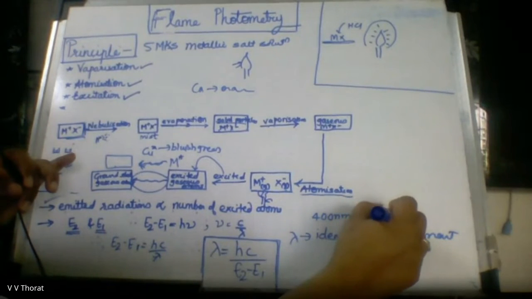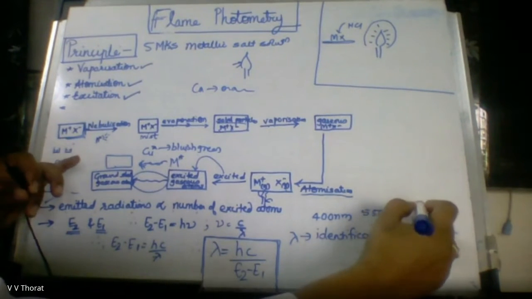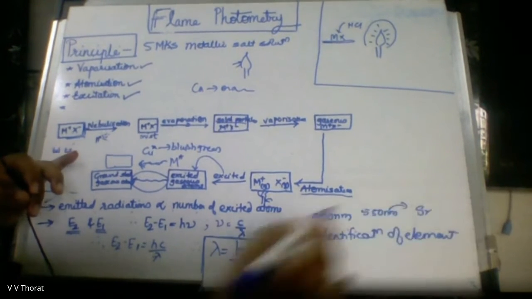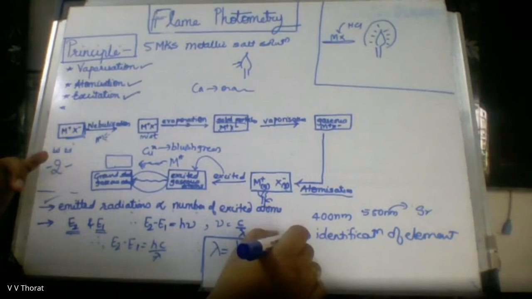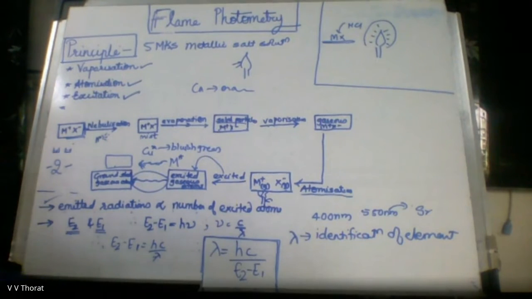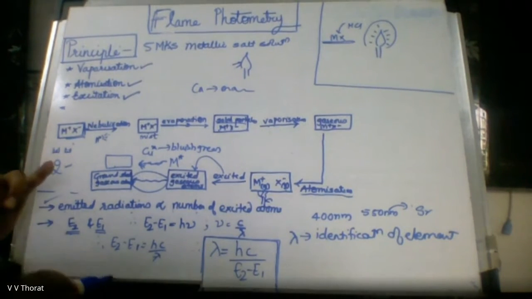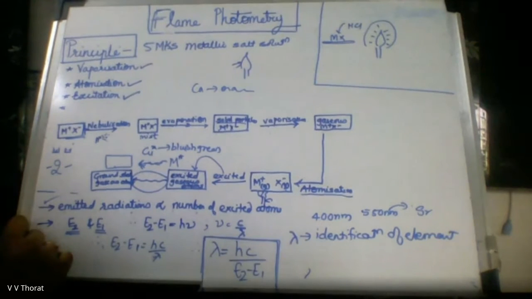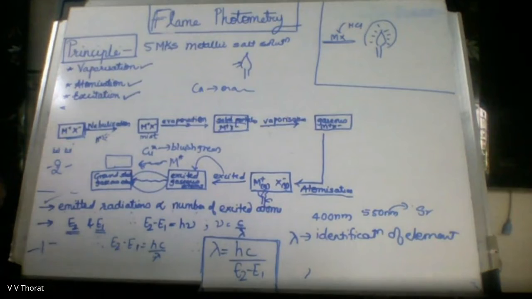If it is above 550, what is it? Reddish color, strontium present. So the wavelength of emitted radiation helps in identification of elements present. If you write up to here, you will get total 3 marks. 2 marks over here, 1 mark over here.